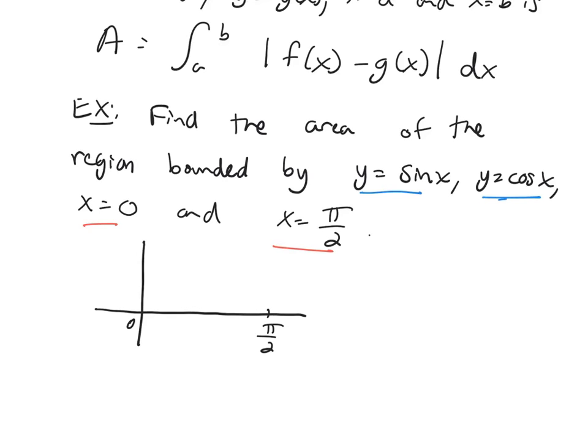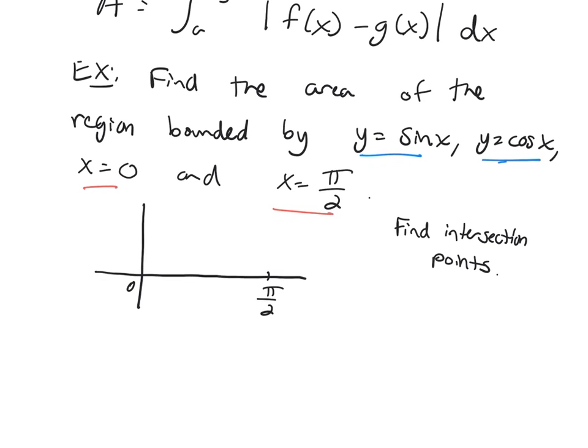So we're going to repeat our process from the last example, find their intersection points. How did we find intersection points? Set them equal. Set sine of x equal to cosine x.